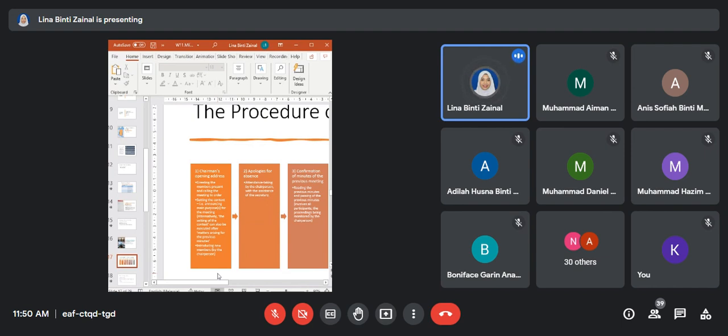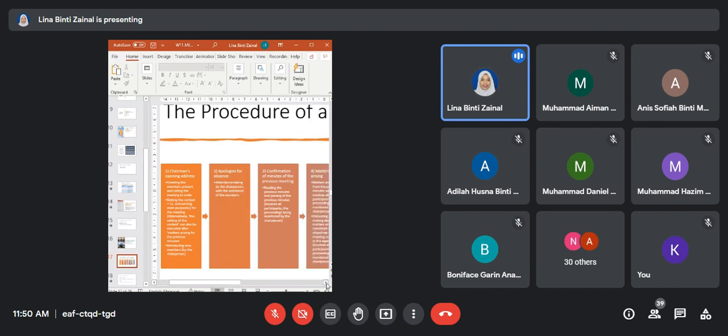Perhaps some of the group members know, and then the person needs to highlight, okay, kenapa orang ni tak datang, so that the secretary can jot it down and include it in the minutes later.